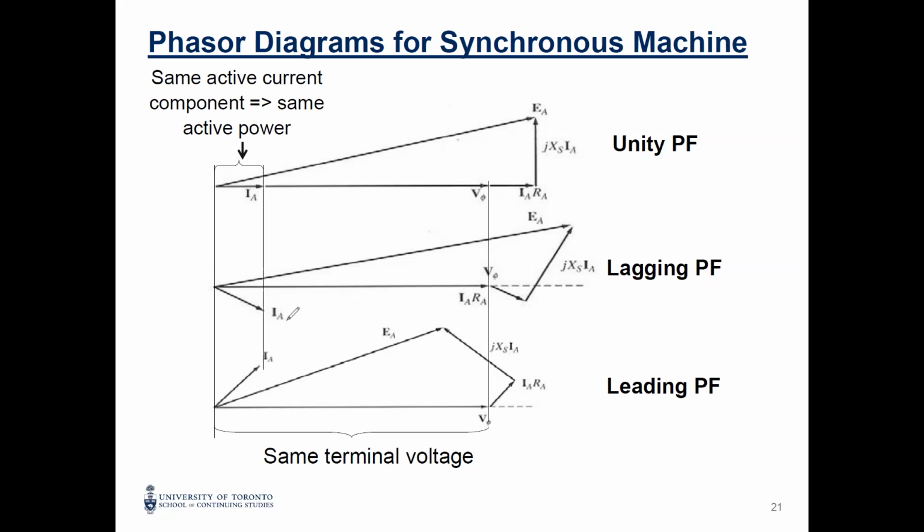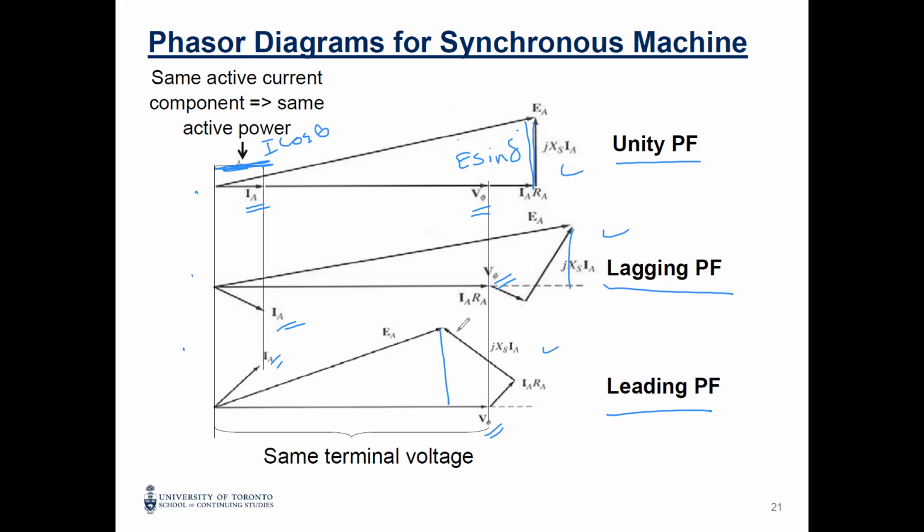The first one is, of course, the unity power factor, then the current and voltage lagging, and leading. For all the cases, you can see that this one and this one are equal. It means I cosine theta and E sine delta are equal in all of them.